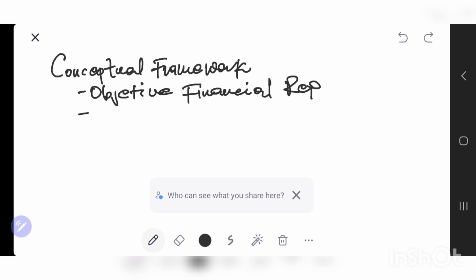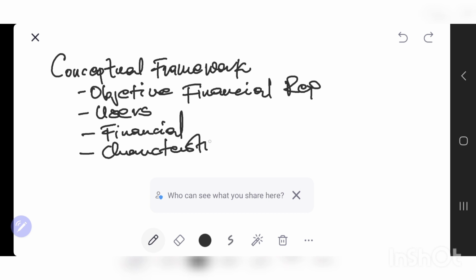This is where you are going to find information about the different users of financial information, what financial statements are, the characteristics of the financial statements you are trying to prepare, and the elements of financial statements.